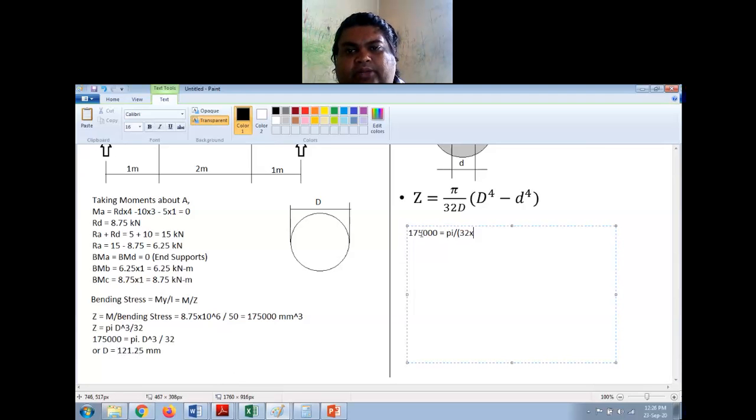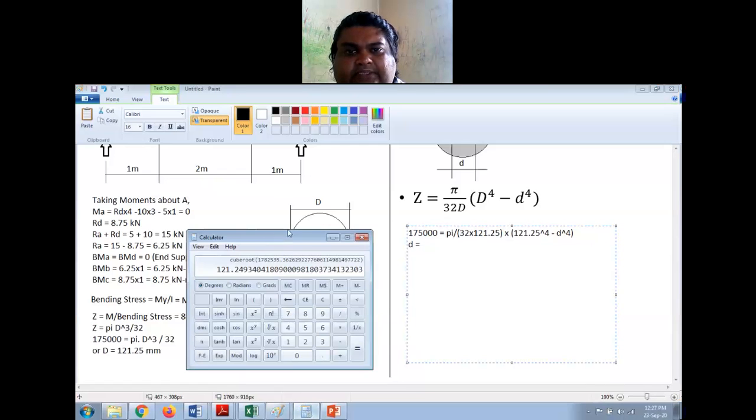See, this is millimeter to the power of 3 only, so I need to put everything in millimeter. 121.25, this is pi by 32D into D raised to 4, that is 121.25 raised to 4, minus d raised to 4. So this implies d is equal to how much?